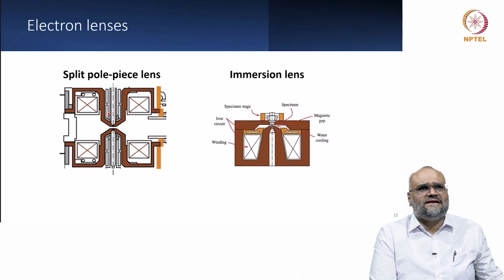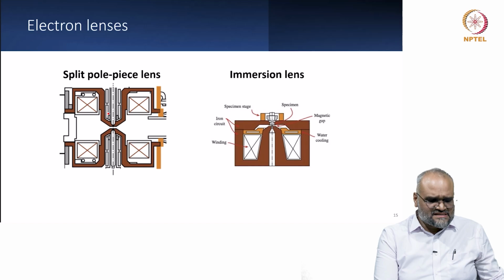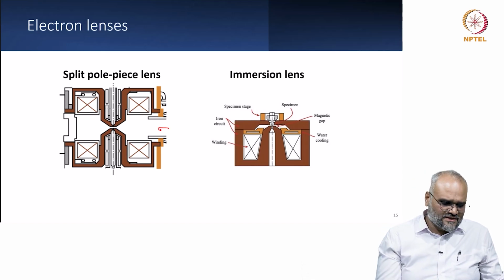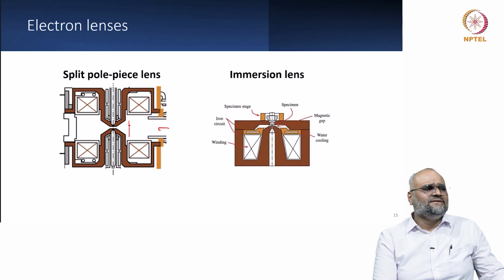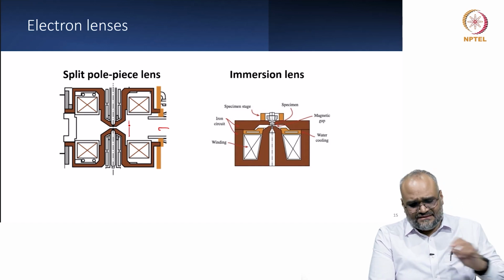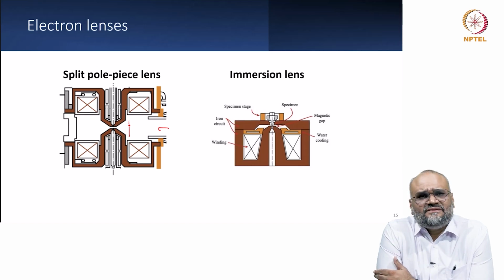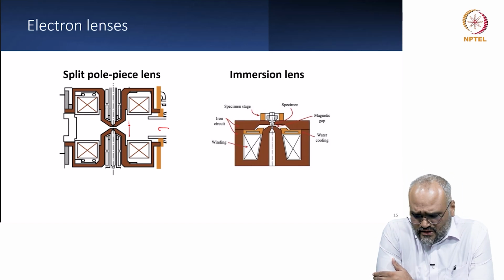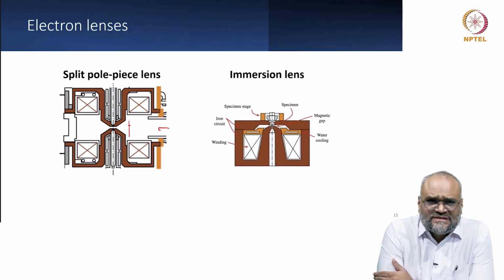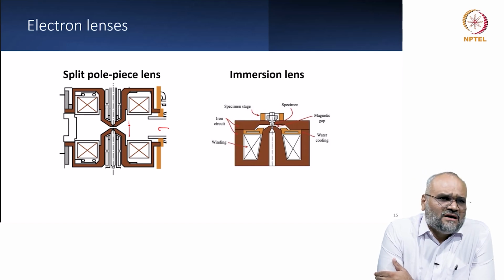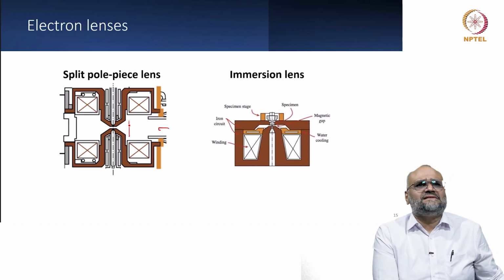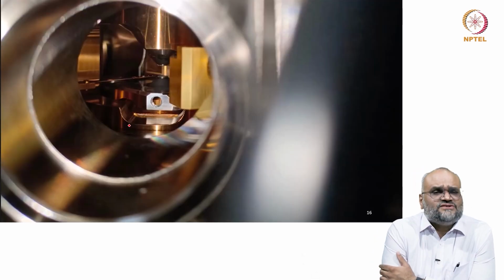If you look at modern day microscopes, they typically use a split pole piece lens. We have a side entry holder, and the construction is this way, where the pole piece is separated. Initially, when we were trying to achieve higher and higher resolutions, more and more immersion kinds of lenses were constructed which used a top entry holder. But nowadays you use a side entry holder with a split pole piece lens, and an example from one of our microscopes is shown here.